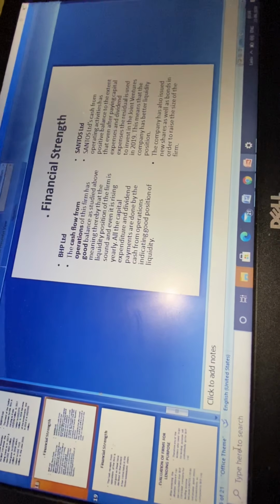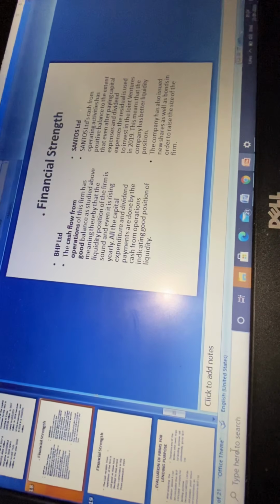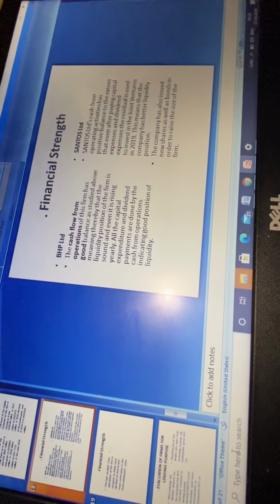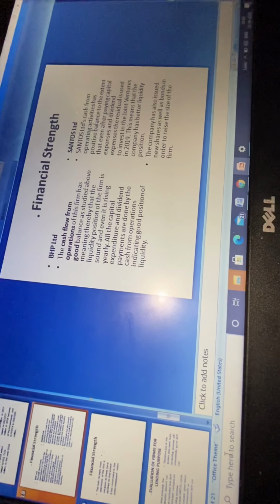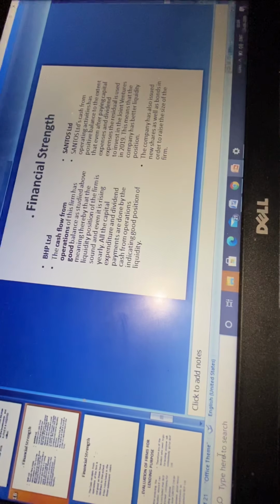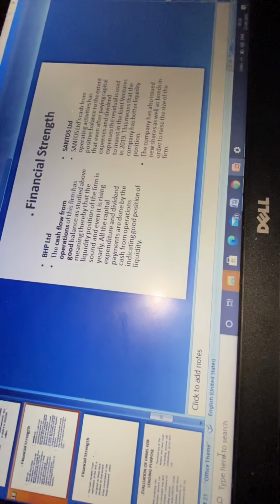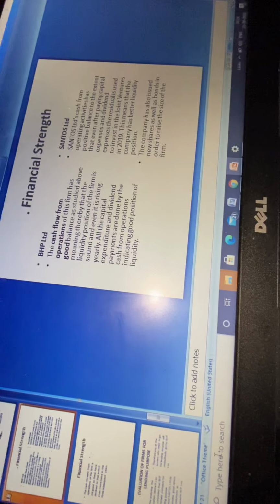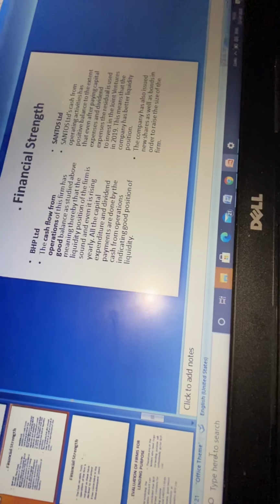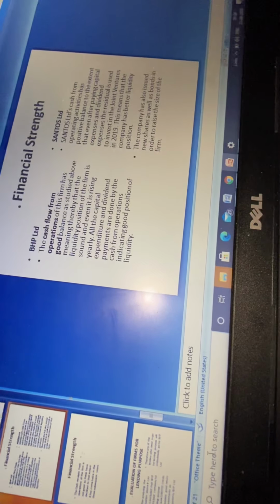What was the financial strength? After studying all three companies, the financial strength of BHP Limited was the cash flow from operations. It has a large cash flow amount. Santos Limited does not have that much cash flow from operating activities as compared to BHP Limited. It has good cash flow from operating activities, but not as much as BHP Limited.